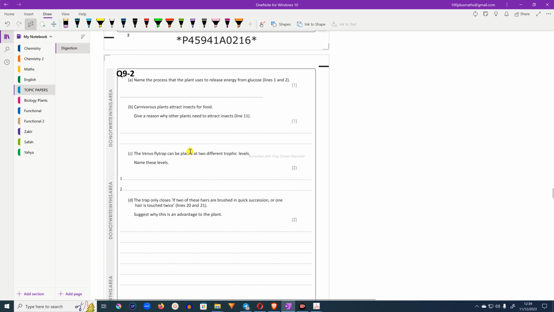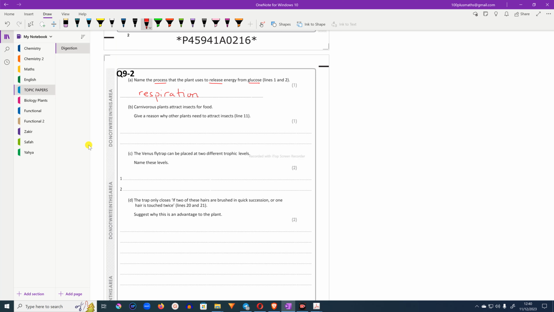They want us to know what the process that releases energy from glucose is called. Right. So the process that releases energy from glucose is called respiration.